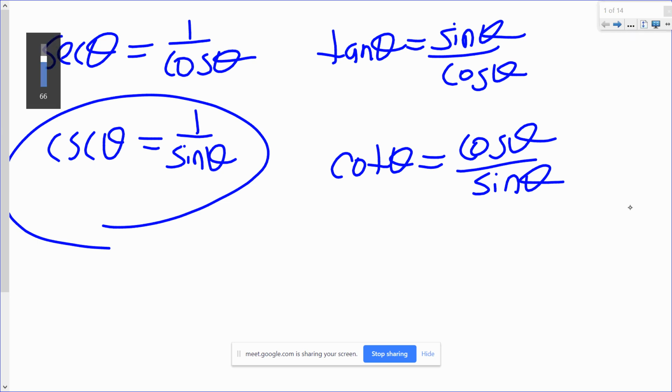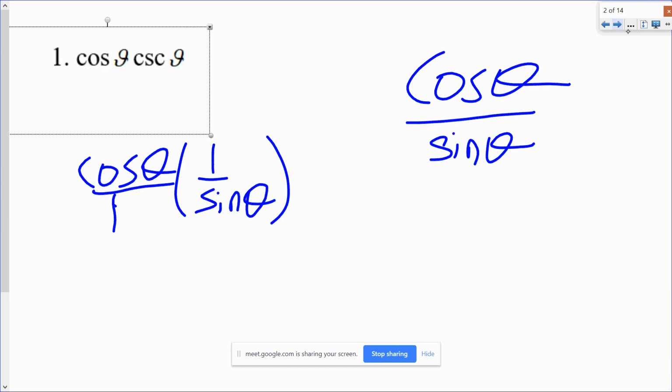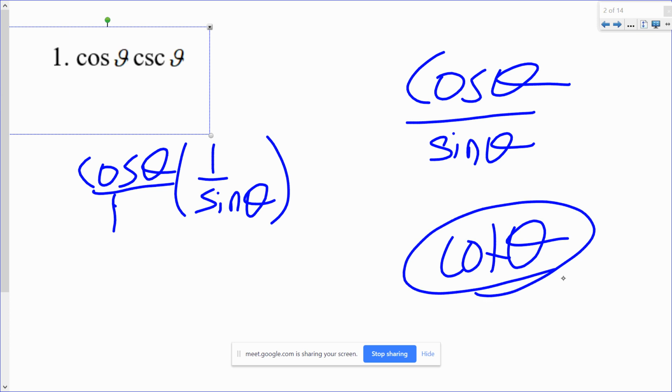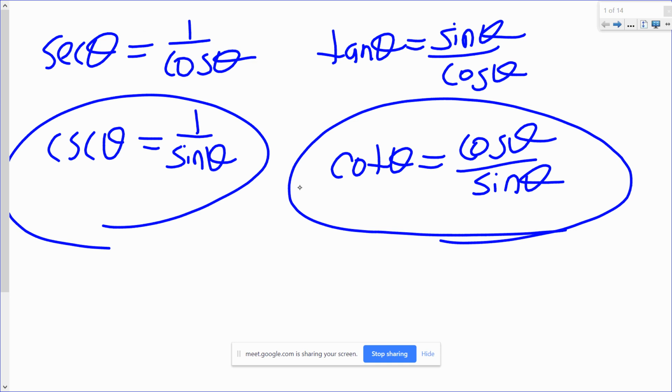Cosine over sine is equivalent to cotan. My answer is cotan. So I express everything in terms of sine and cosine. I cancel if possible. Nothing canceled here. I multiply straight across. I ended up with cosine over sine, and cosine over sine is cotan. Any questions so far?